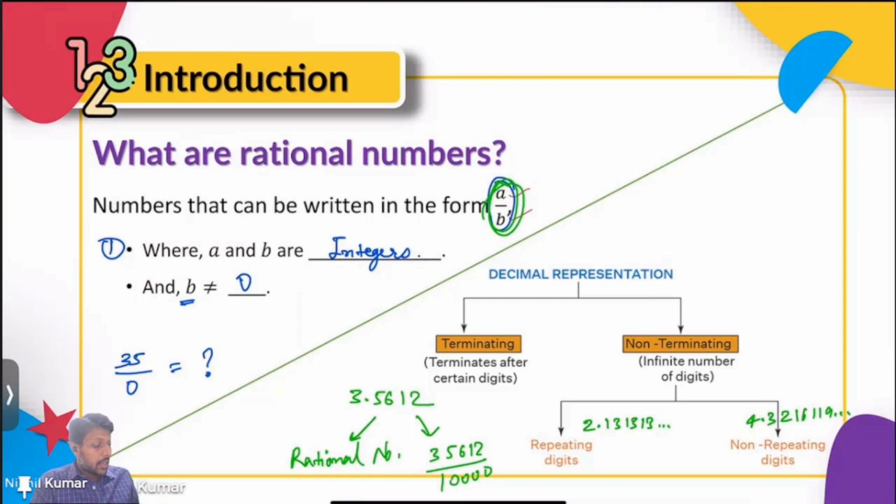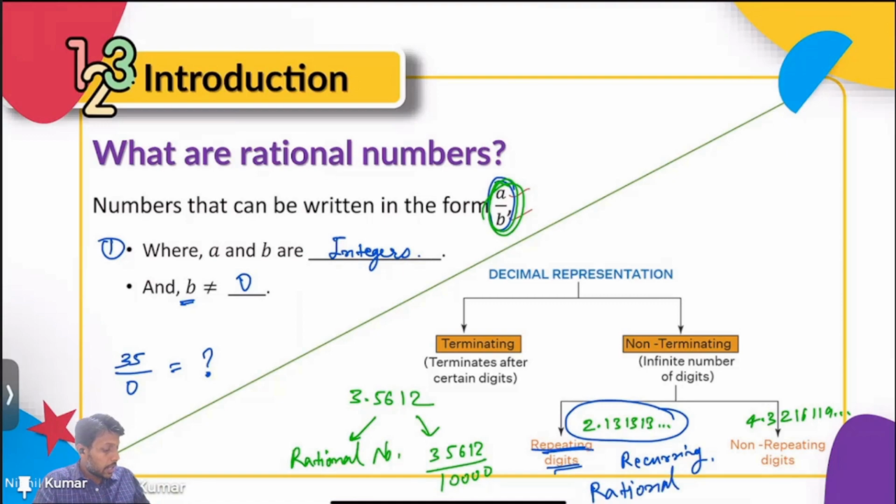Whenever you find a recurring or repeating decimal, the first type of decimal, such numbers are also rational numbers. Such decimals have also formed from rational numbers. That means these decimals can also be written in the form a upon b.